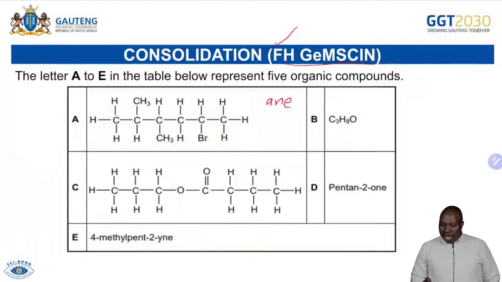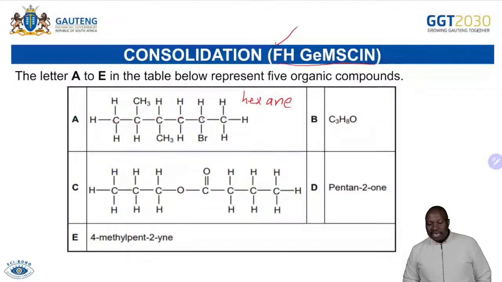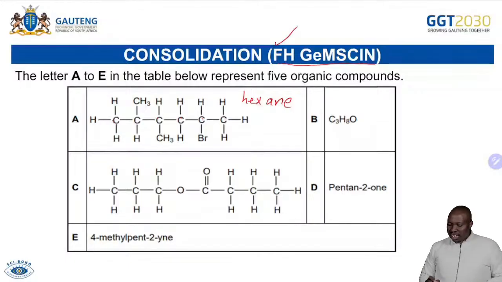And then you check how many carbons we have in the longest carbon chain. So we'll be having 1, 2, 3, 4, 5, 6. Numbering from anywhere is still fine. So you're having 6, so you know that this must be hexane. Do we have substituents? Yes. Which one takes preference?